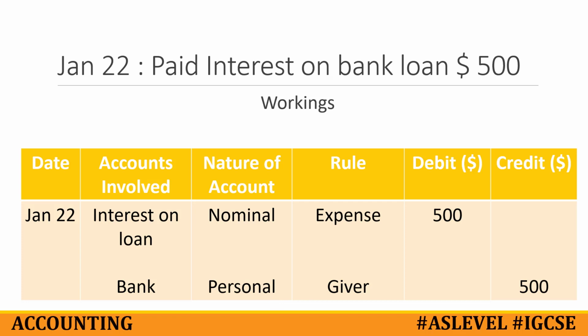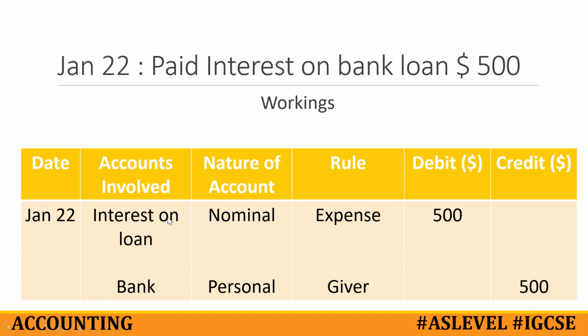Here the bank, this is the business bank account, is paying the interest on loan to whom? To the organization or the person from whom the loan was taken. So we are paying interest on loan because we had taken a bank loan, and therefore, bank account needs to be credited by 500.